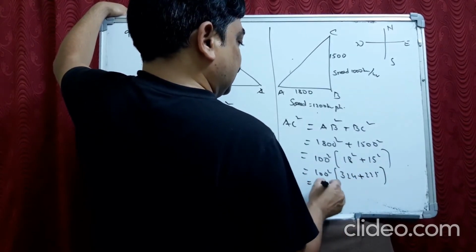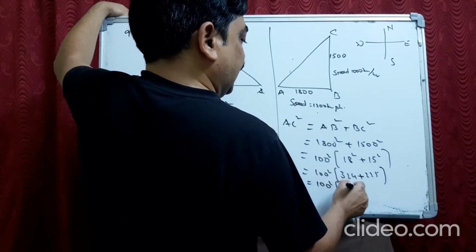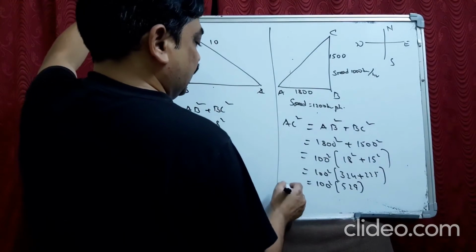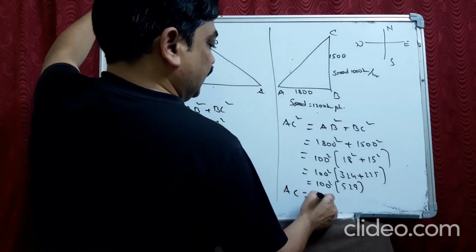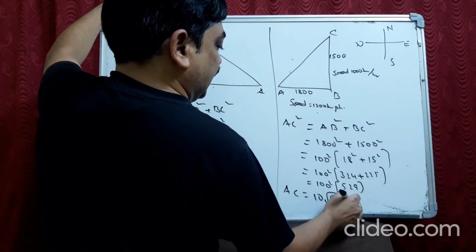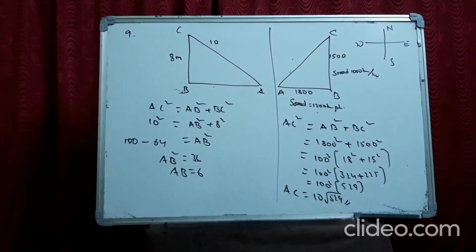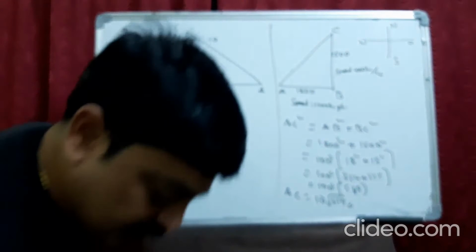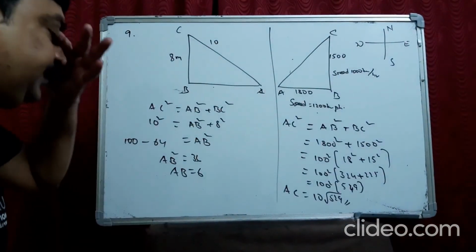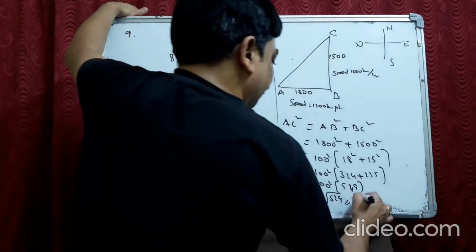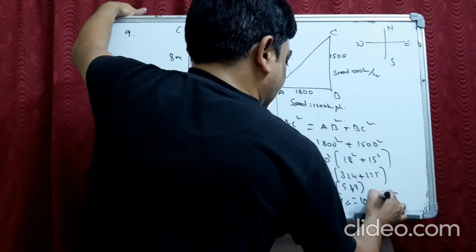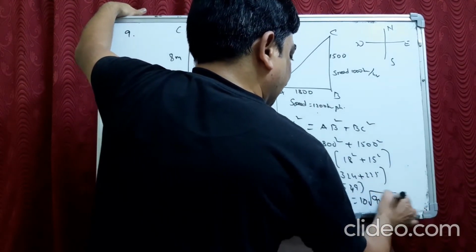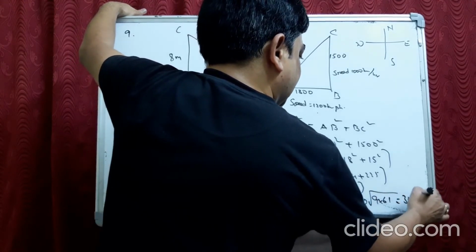It becomes 100 square into 549. Sorry, it is 549, I'm sorry. So 9, you can still simplify. 10 into root of 9 into 61, it becomes 300 root 61.